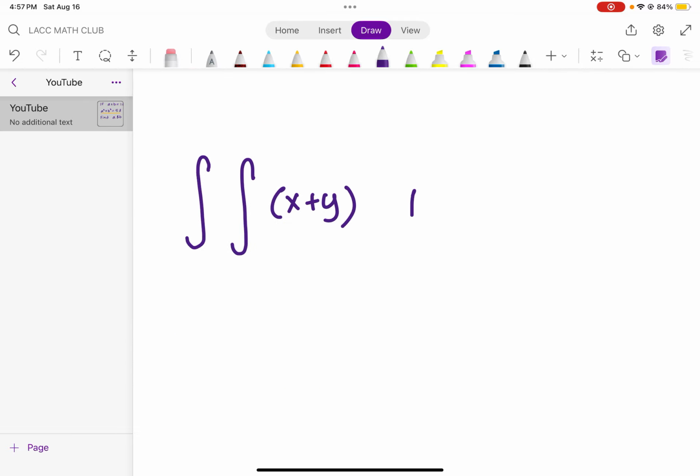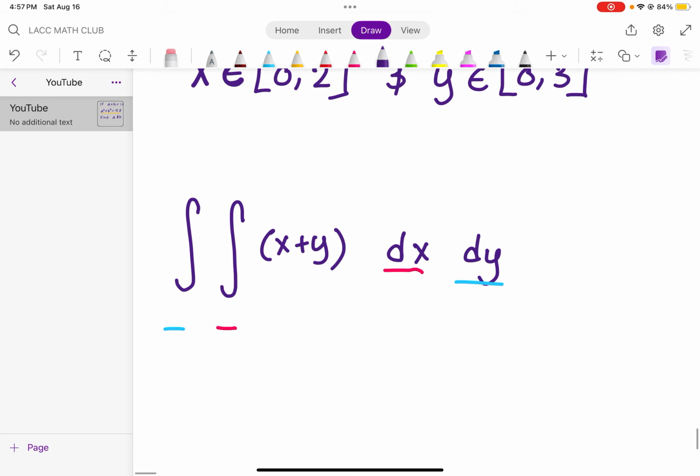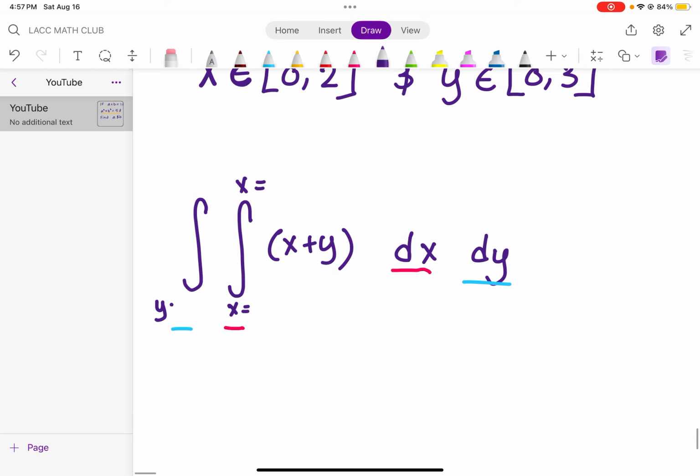So if dx is here, this should be the integral with x bounds, and if dy is here, then the back integral should be the integral with y bounds. So above them I'm going to write x equals, representing the bounds, and to the left side I'm going to write y equals.